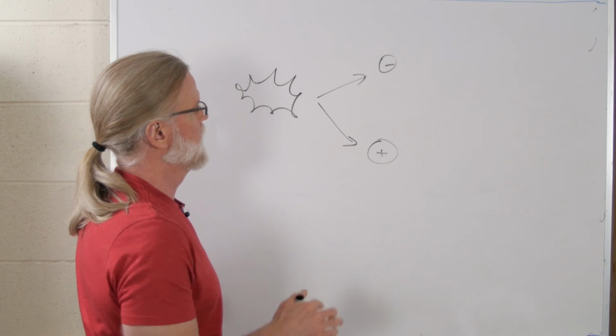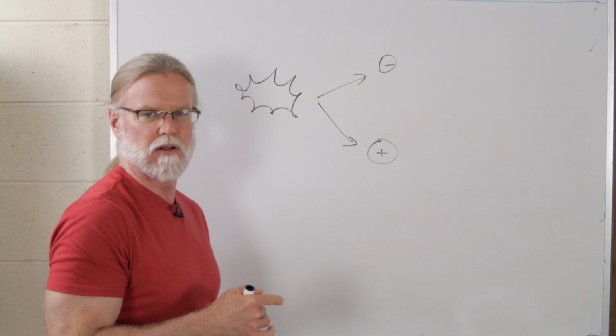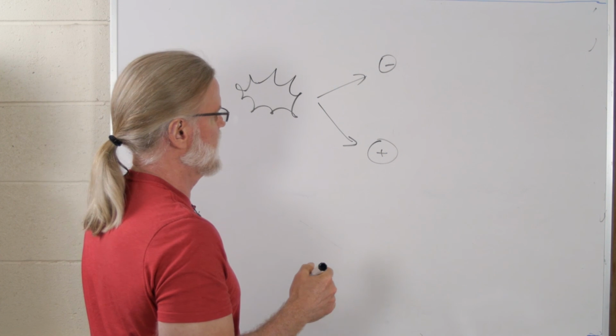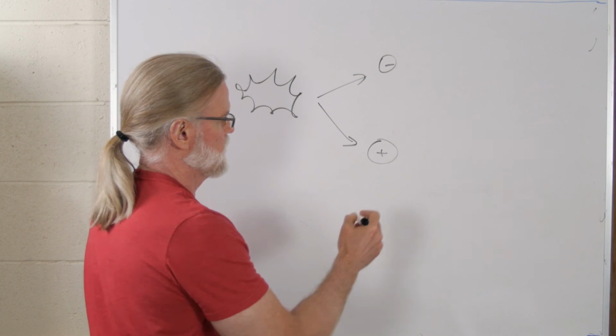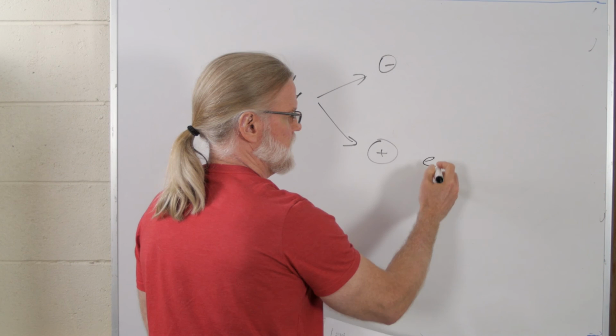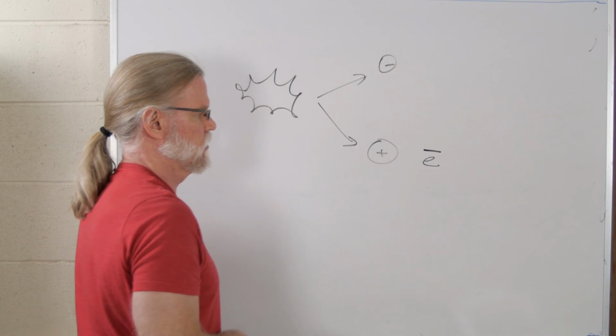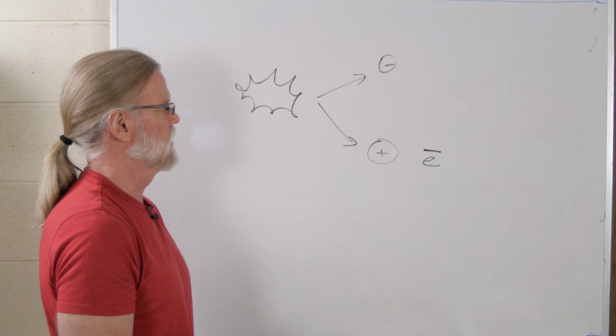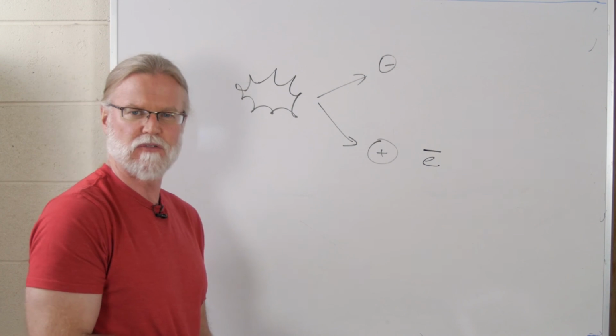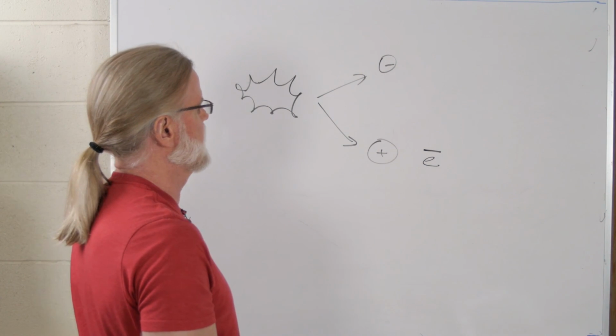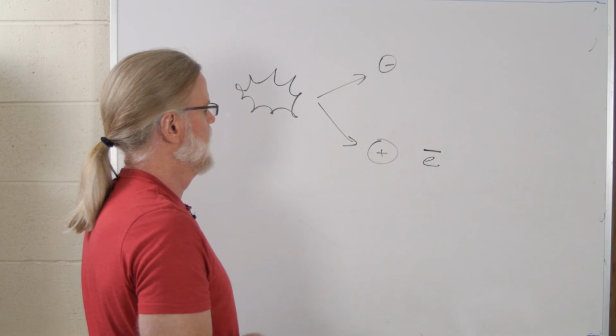So a positron is just the antiparticle for an electron. It would actually look like this. Symbol would be like that, and we'd put the anti-symbol on top. So it has opposite charge. Every other characteristic is the same, mass and everything.